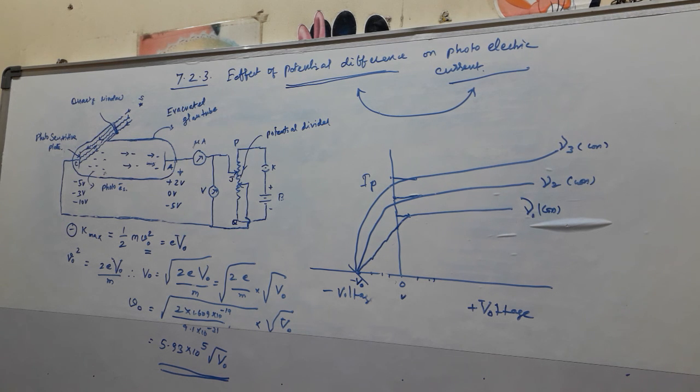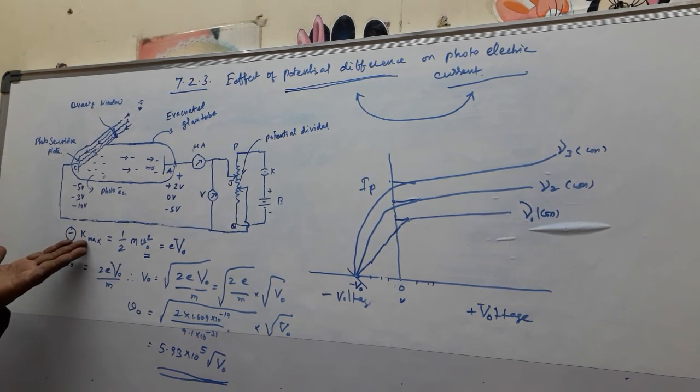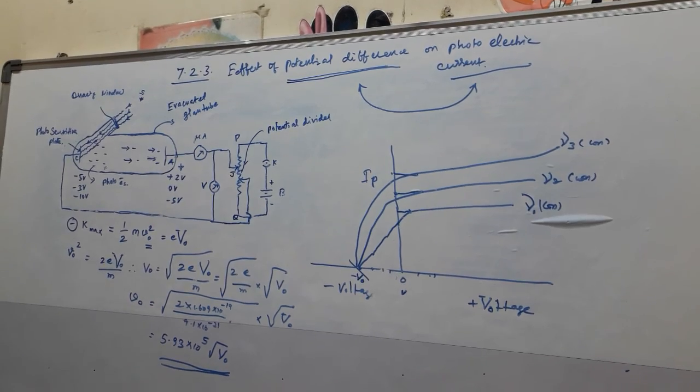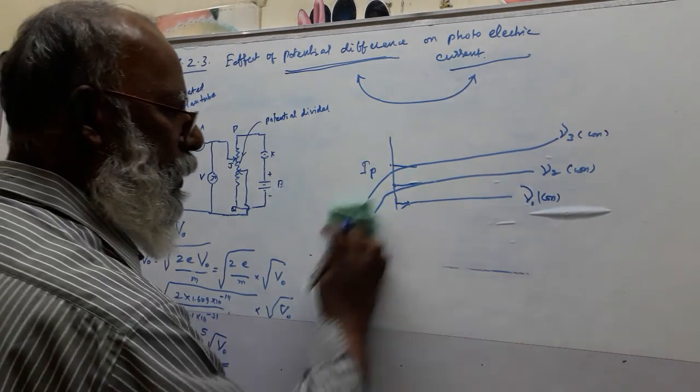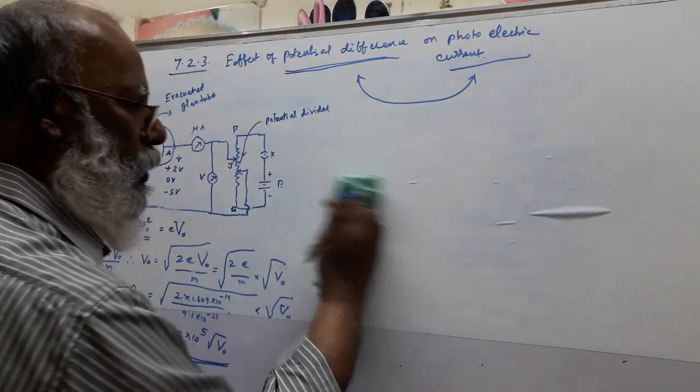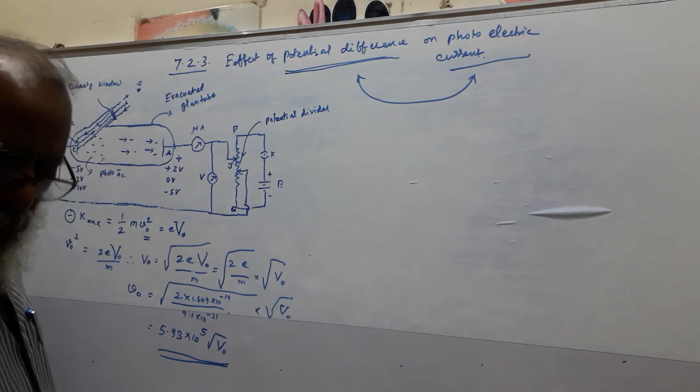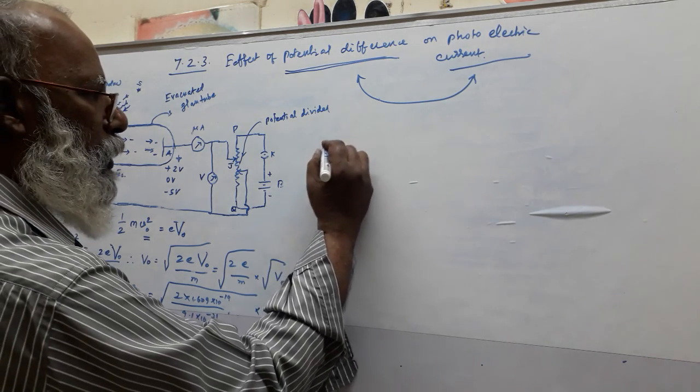Sir, instead of joule, I want to measure K maximum in joule. Then how can we write it?